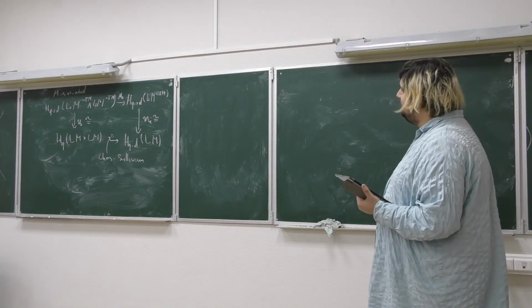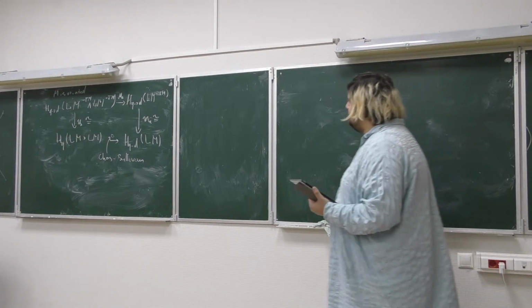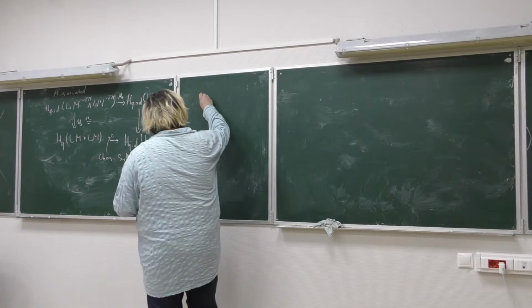Okay, meanwhile I can explain that we have a map of ring spectra.